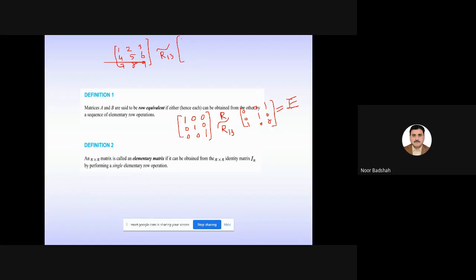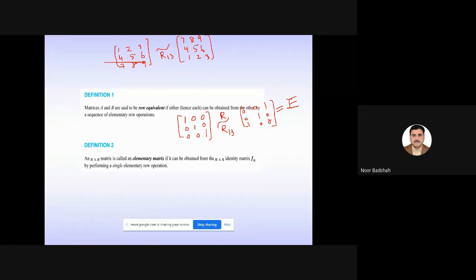So physically we do that, it's 7, 8, 9, 4, 5, 6, 1, 2, 3. But what did we basically do mathematically?